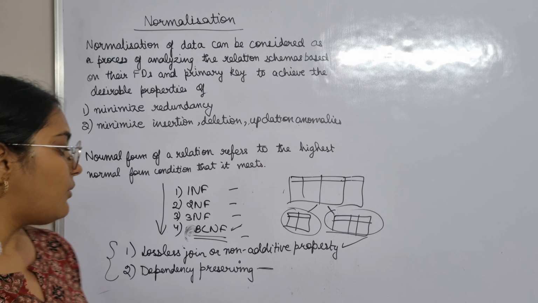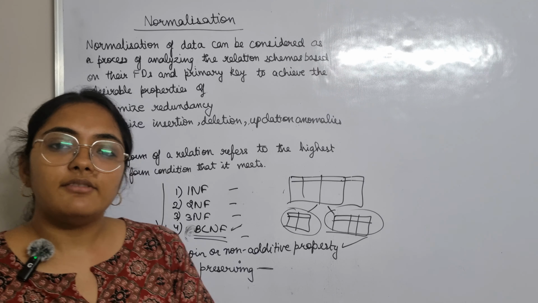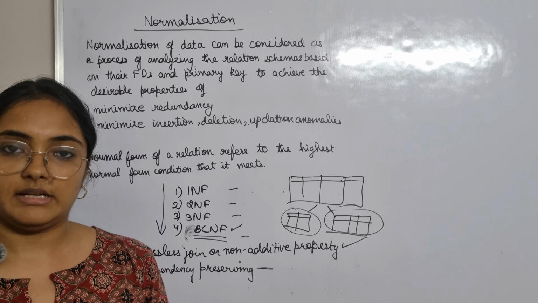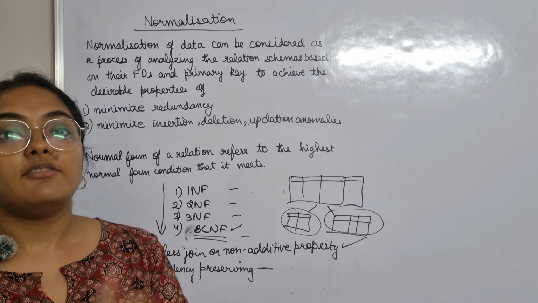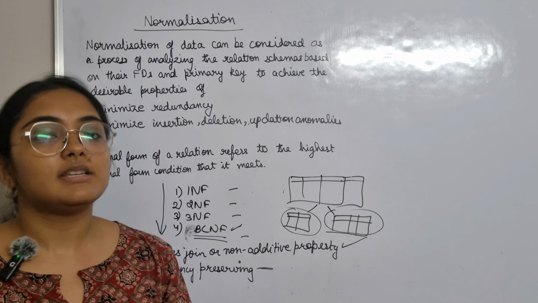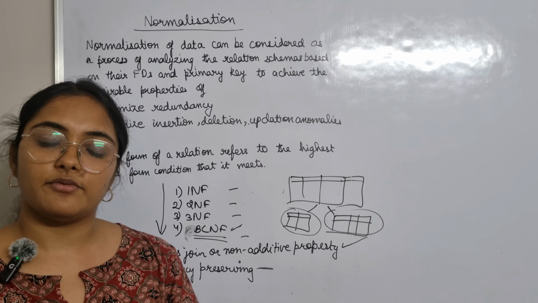Okay, so what is normalization? What are we doing normalization based on? What is the basic tool that we use in normalization? The tool being used is functional dependencies among the attributes of a relation schema.